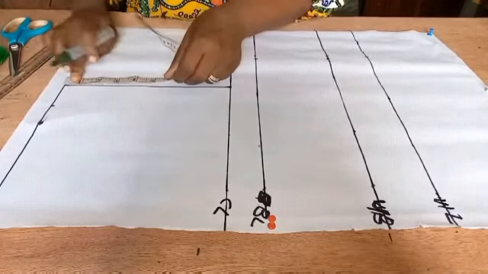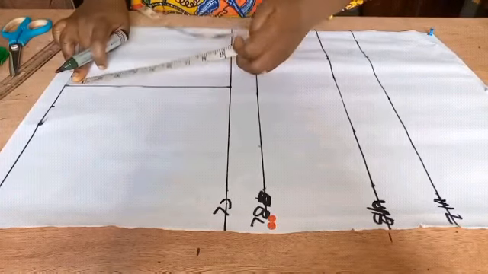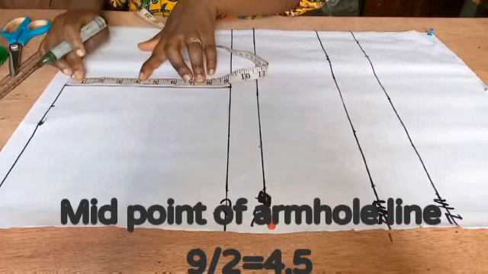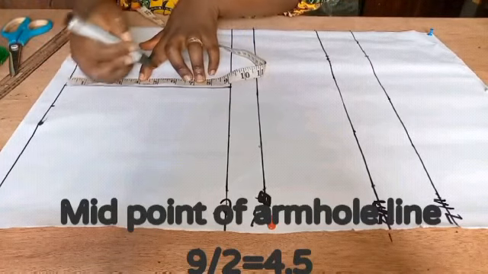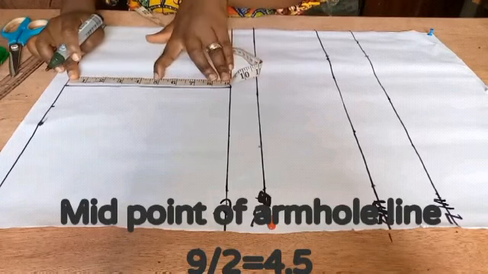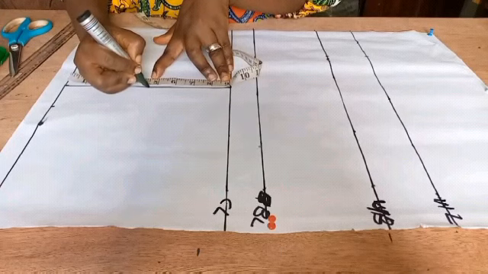You come to this line here, you look for the midpoint of the armhole. Our armhole is 9, so our midpoint is 4.5. So this is 4.5.